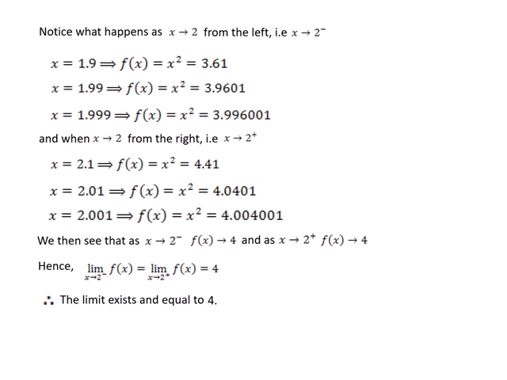We first substitute 1.9, and we have 3.61. We substitute 1.99 into s squared, we have 3.9601. When we substitute 1.999, we have 3.996001.